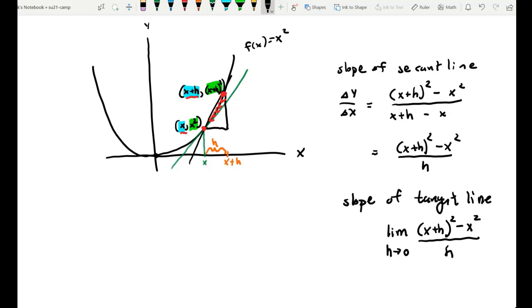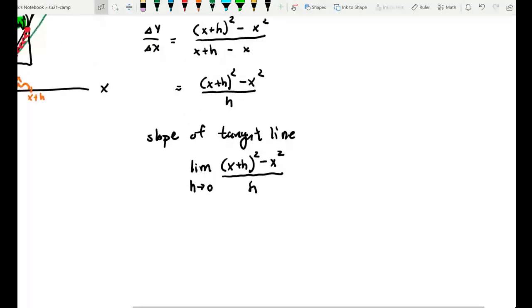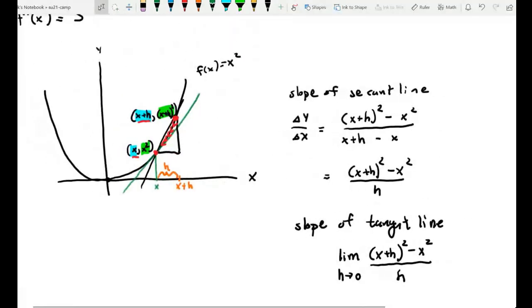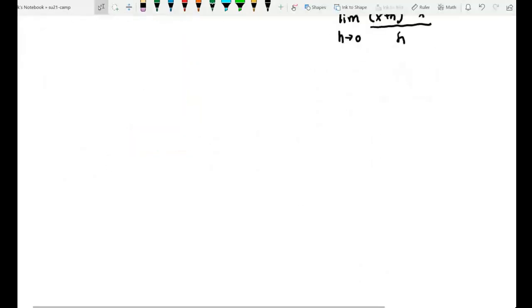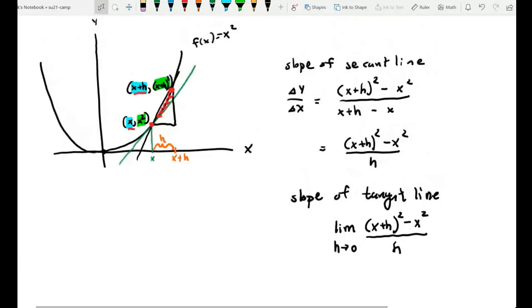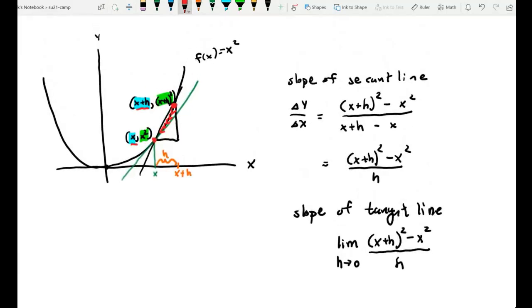Okay, so to get the point with our x coordinate, which is x plus h over here, to approach the point with the x coordinate here, we have to let h go to 0. That's right. Thank you to somebody that actually said that.